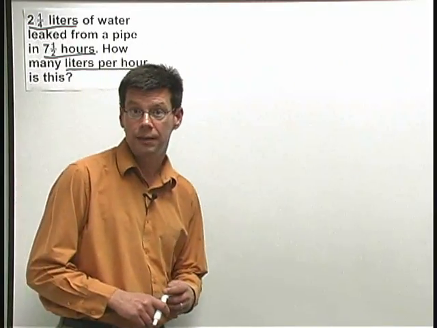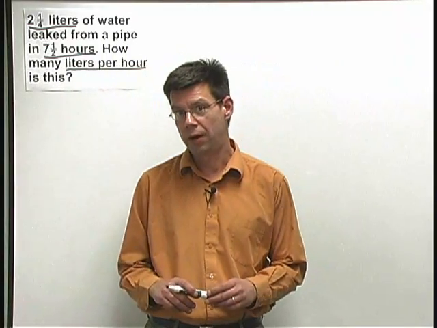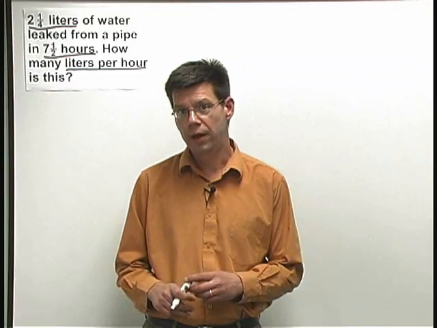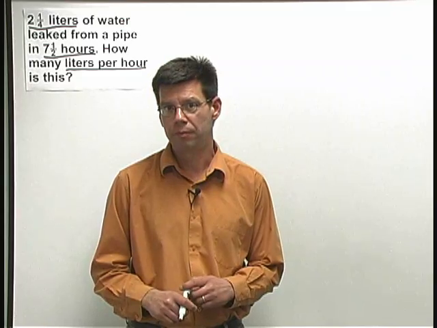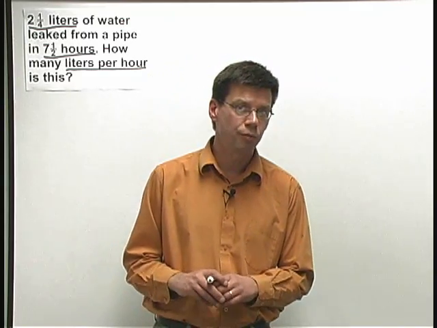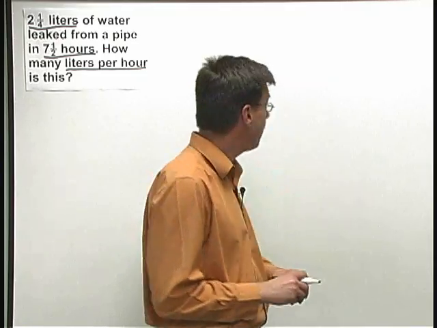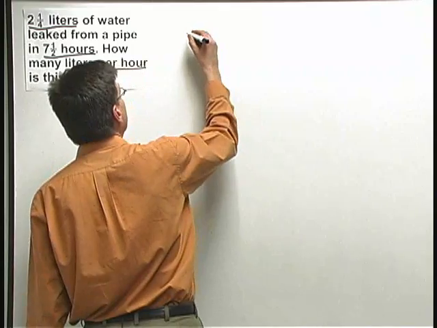Let's go ahead and set up a unit equation to help us decide how to solve this problem. A unit equation involves the words of the units that are in this problem. I'm going to start out by writing down no numbers, just the words involved. I start out with our rate. Our rate is liters per hour.